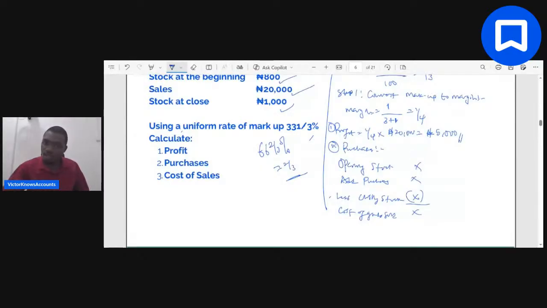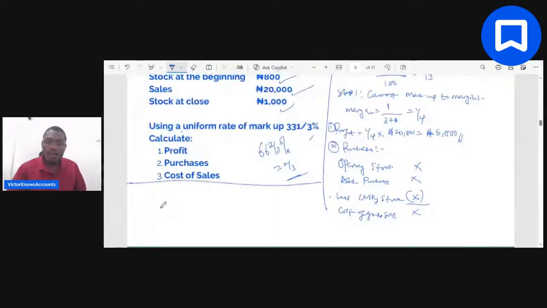So you can say something like, cost of goods equals opening stock plus purchases minus closing stock.